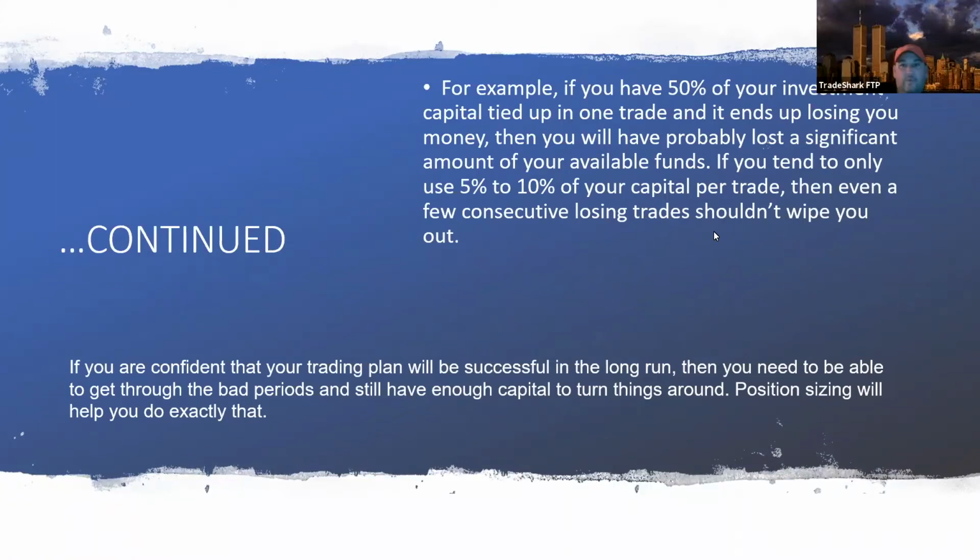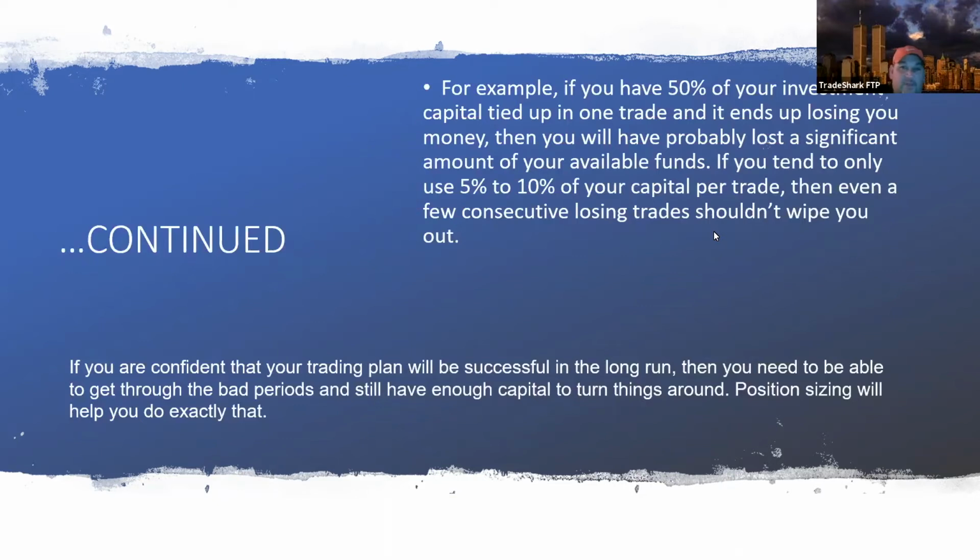So if you have 50%, here's an example. This is actually a real life example. If you have 50% of your capital tied into one trade and it ends up going bad, and you lose, you probably lost a bunch of your account. That's a bad thing, as you well know.